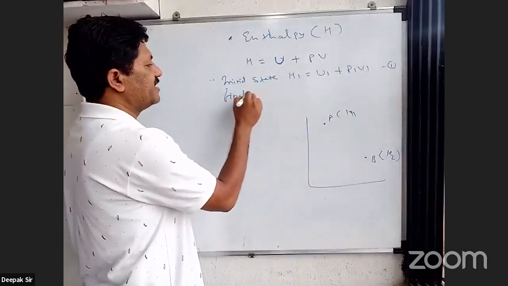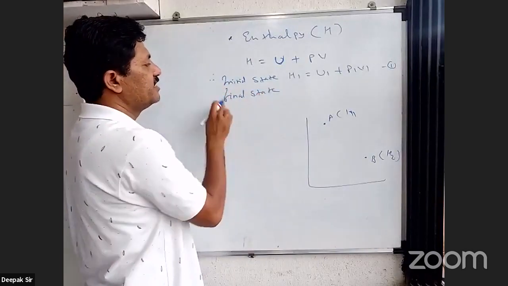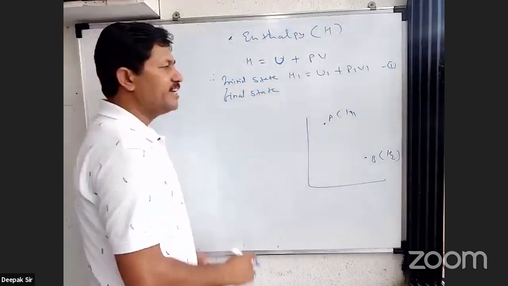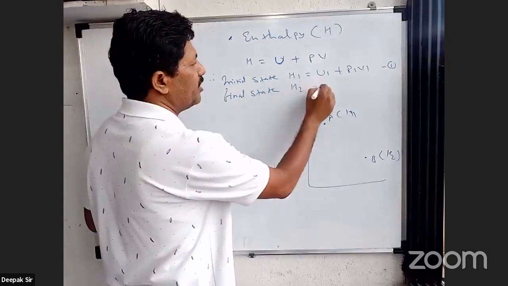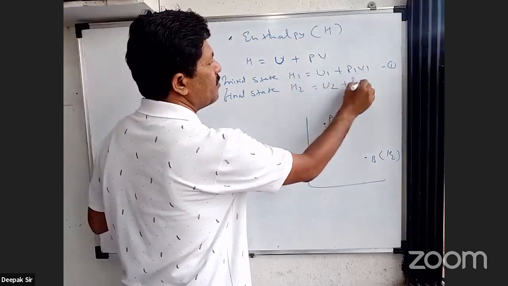In the same way, the enthalpy of the final state: this is the initial state, this is the final state. The enthalpy of the final state should be H2 is equal to U2 plus P2 V2.